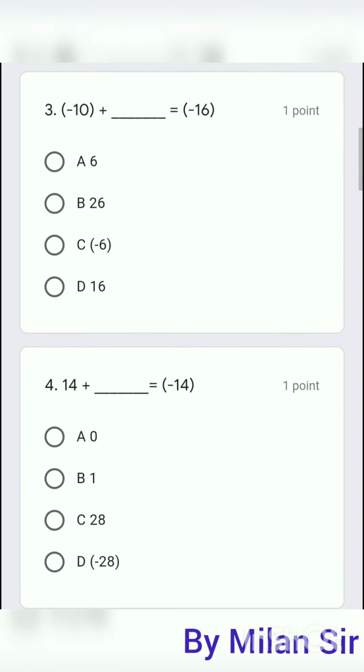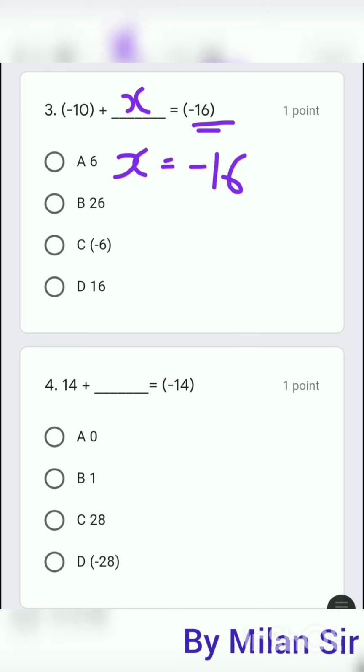After that, question number 3, minus 10 plus blank is equals to minus 16. So here we need to fill the blanks, right? Here we have lots of way of thinking. If we put here 6, one by one we can check the MCQ. Otherwise, here just put the x, okay, and just find out the value of x. Right now we have minus 16 on the right hand side.